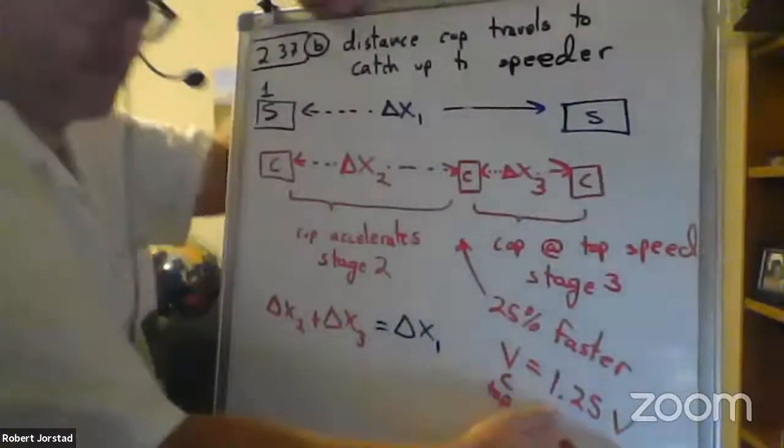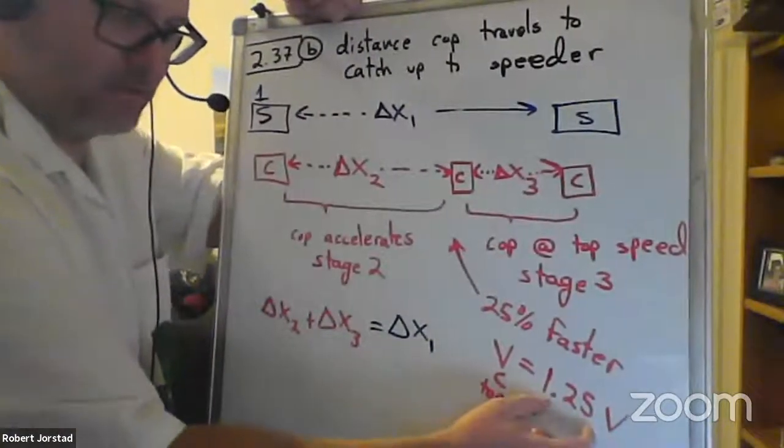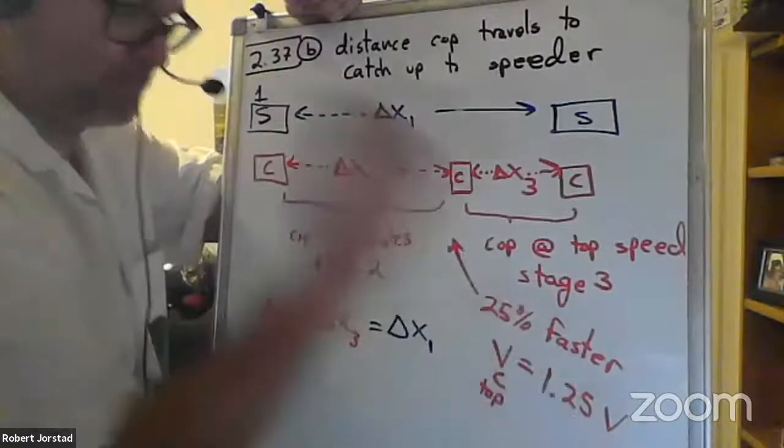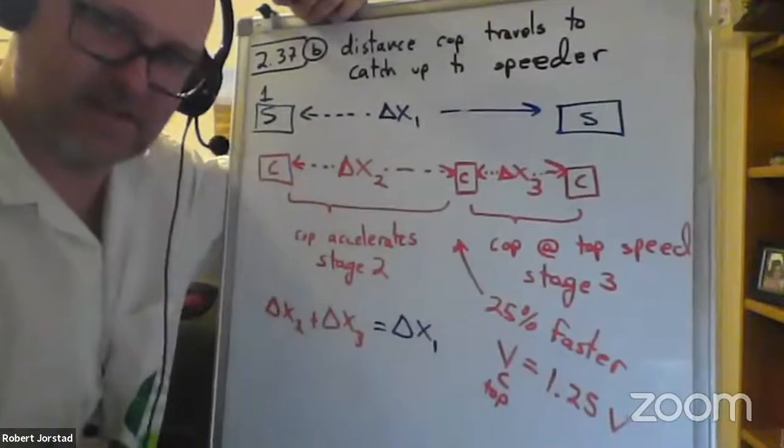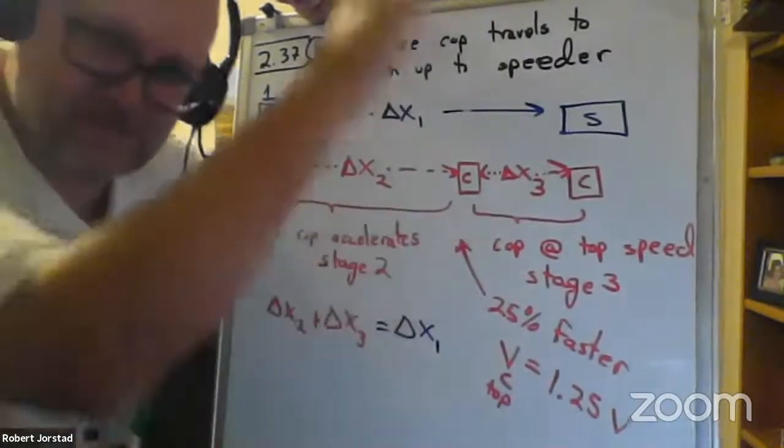Yeah. And so, right, 25% is 0.25, so 1V plus that is 1.25, which is 25% more than. If it was 25% less than, you'd say 0.75, but then the cop would never catch the speeder.